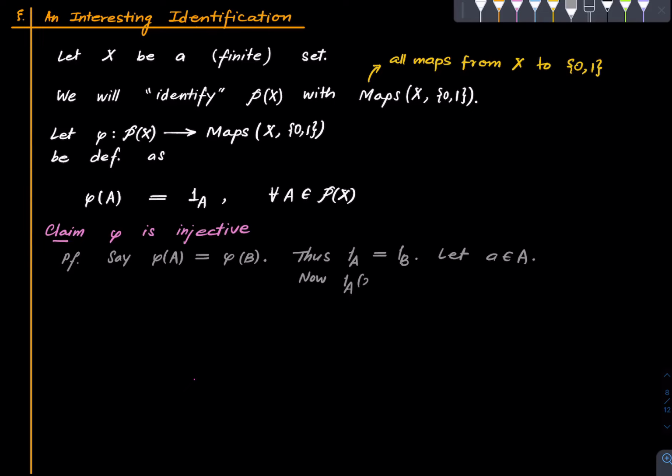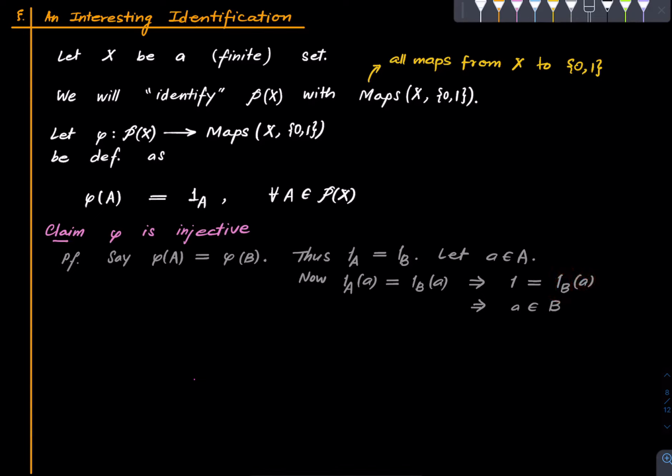Since the indicator functions are the same, they take the same value on little a, which gives 1 equal to the indicator of B at a, which implies a is in B. If the indicator function of B takes the value 1 on a, it just means that a is in B.